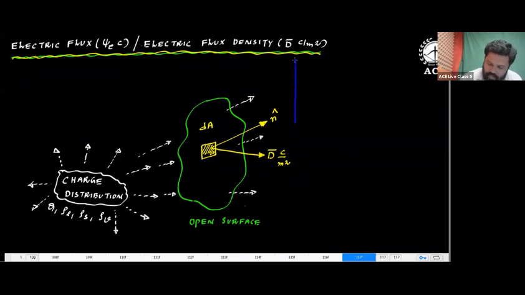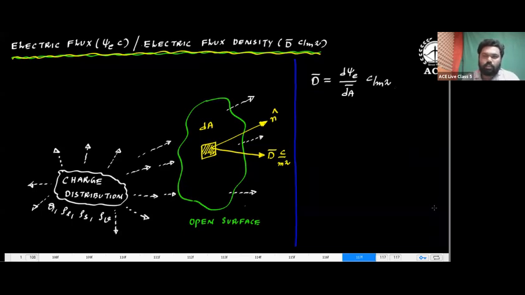Yes. Now observe carefully. Let us define mathematically. How do you define the flux density D? D is equal to d psi E by dA. Units are coulomb per meter square. Flux crossing through unit area. So d psi E is equal to D dot dA.